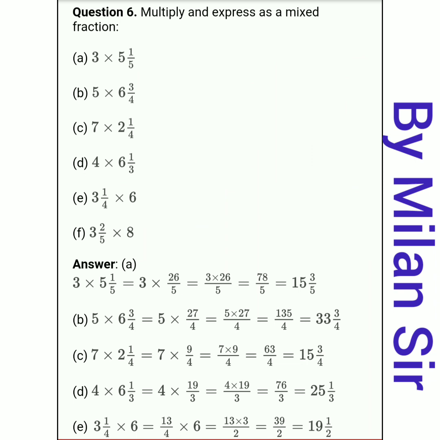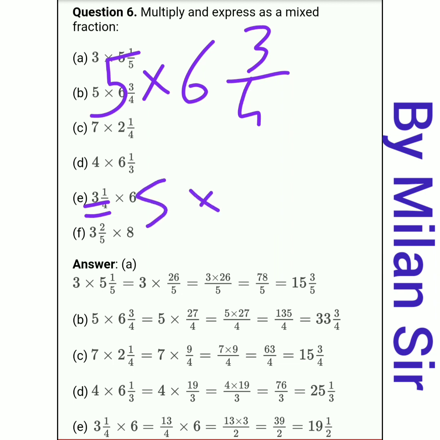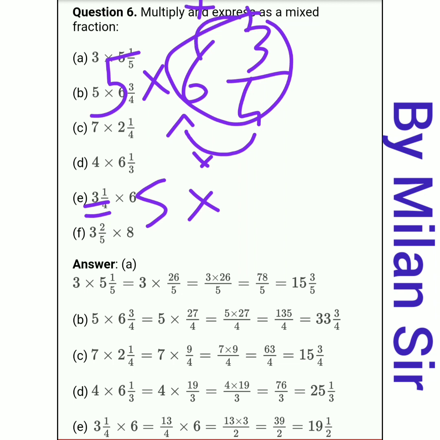Okay, question number 2. 5 multiply 6 integer 3 by 4. So first of all we need to convert this mixed fraction into improper fraction. So first of all 6 4s are 24. First of all we need to do multiplication, then we need to add our numerator. So 6 4s are 24 plus 3, 27, and denominator 4 as it is.